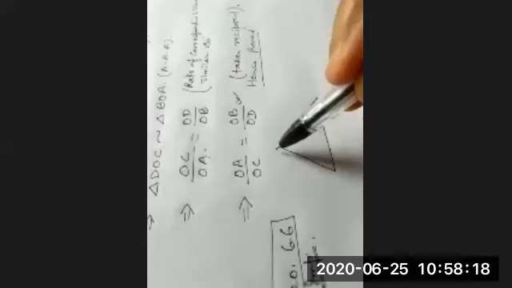What it is saying: the ratio of the areas of two similar triangles is equal to the square of the ratio of their corresponding sides. So if two triangles are similar, suppose this is ABC and this is PQR, as given in the book.